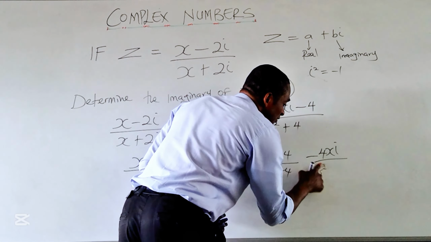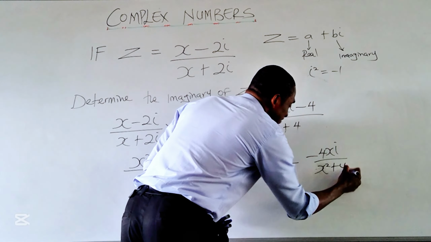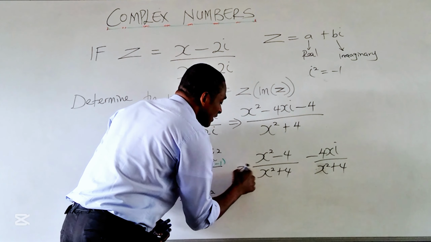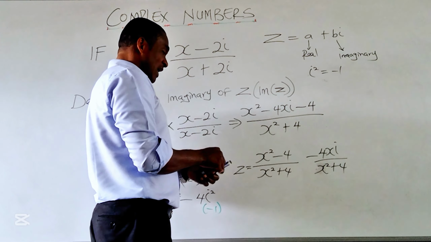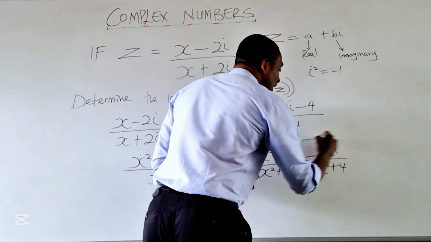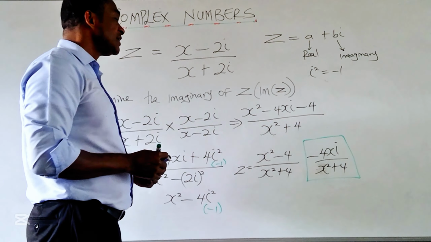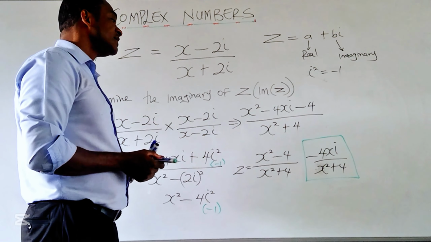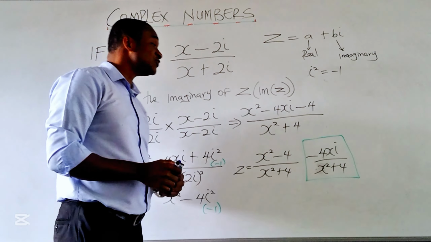It's also supposed to share the denominator. So the imaginary part of this expression is minus 4xi all over x squared plus 4. Or we can just say minus 4x over x squared plus 4.